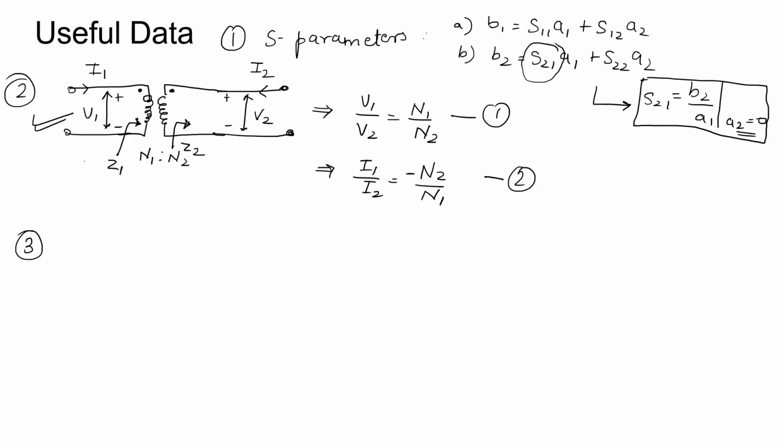What is the relation between Z1 and Z2? Z1 upon Z2 is equal to N1 upon N2 the whole square. This is the third thing which we need to keep a note of. I think we've covered it. Now let's move on to the solution.